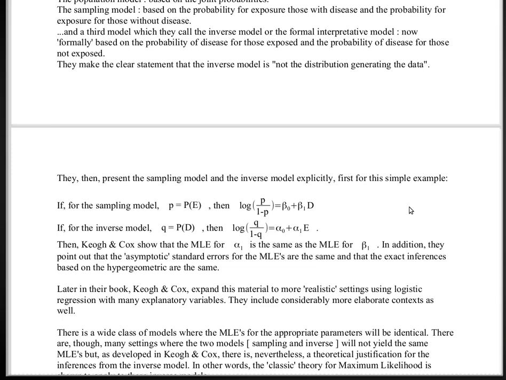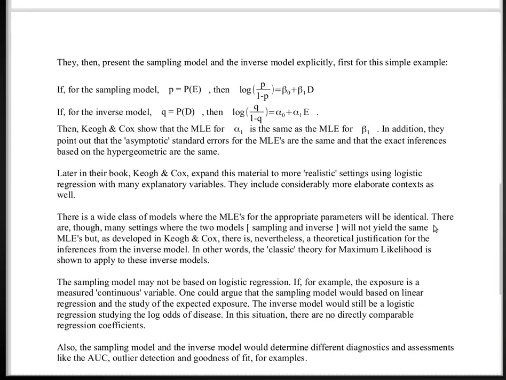That's interesting, isn't it? We're modeling the probability of disease and we're modeling the probability of exposure, but the crucial regression coefficient in this simple example is the same. But then they point out that this simple matter breaks down in more elaborate situations.